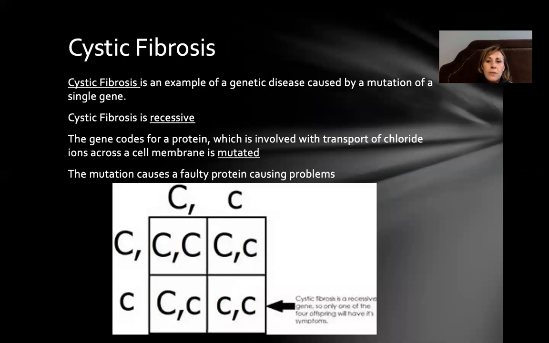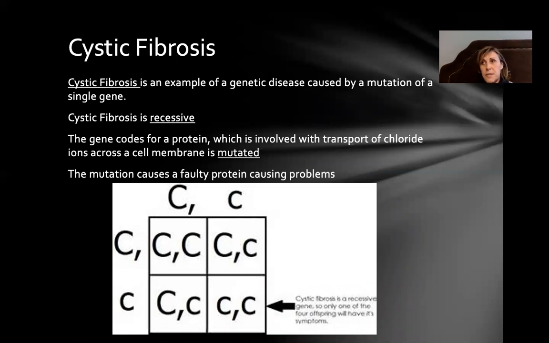We're going to talk a little bit about genetic diseases caused by mutation of a single gene. Cystic fibrosis is one of those genetic diseases. It's caused by a recessive allele, which means a gene that codes for a protein involved with the transport of chloride ions across the cell membrane. It's mutated, and this mutation of the faulty protein causes a lot of problems.